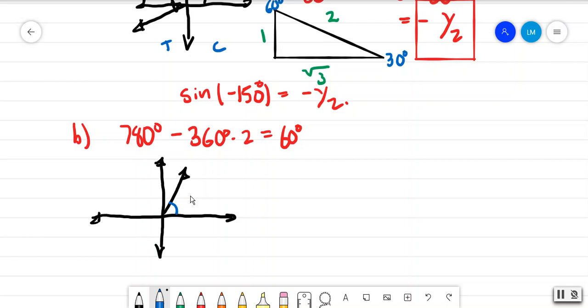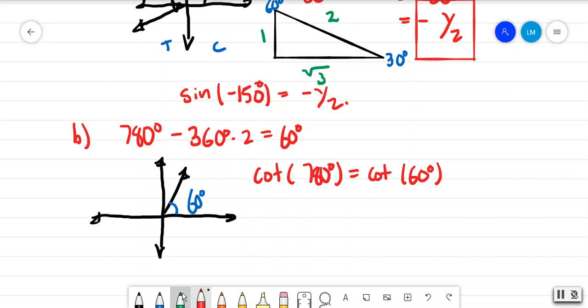That means that is the reference angle. So cotangent of 780 is equal to cotangent of 60. Do you have to account for the signs? Of course, but in this case there's nothing to do because it's in the first quadrant and they're all positive.